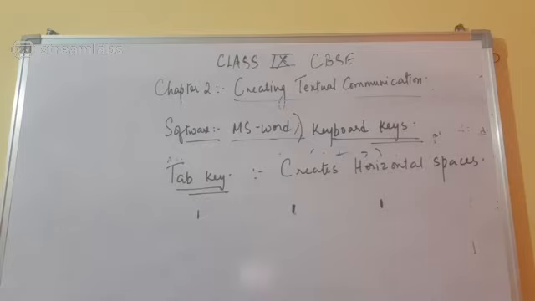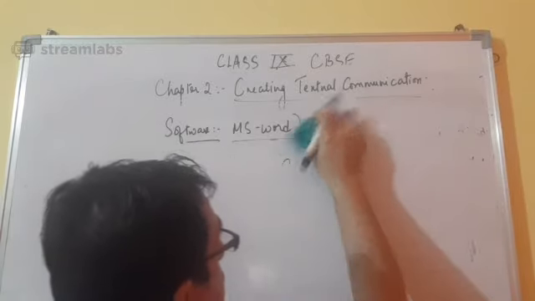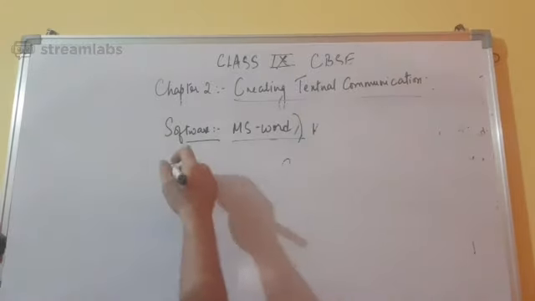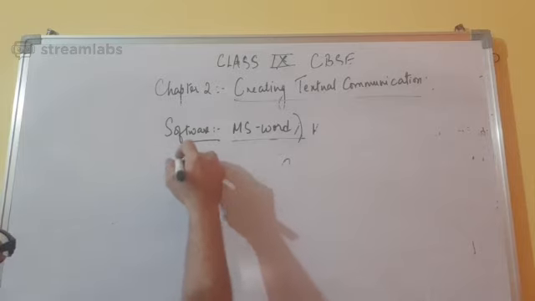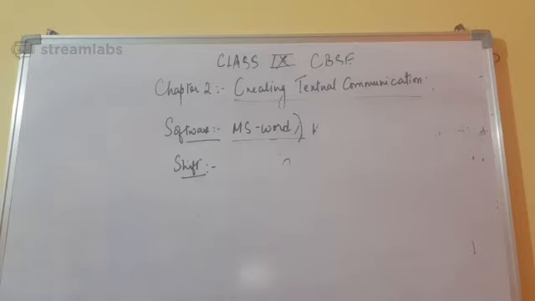Now there are certain other keys also, which cannot be used alone. I already talked about one key, which was your shift key. The functionality of the shift key cannot be seen alone.